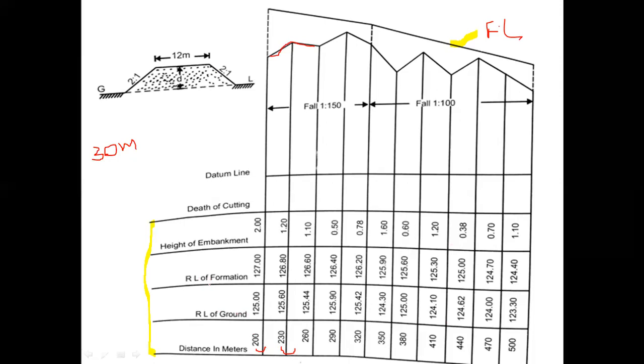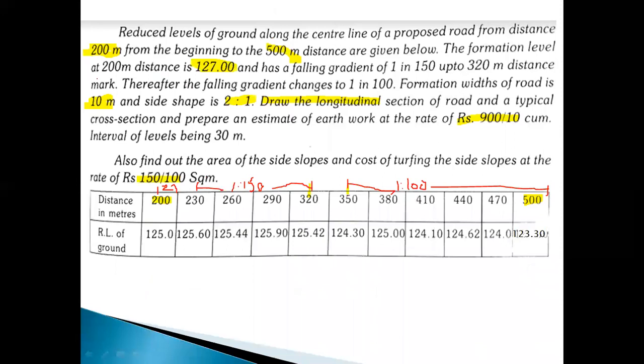Next one, RL of formation. These values we find out from the gradients. At 200 chainage, the RL of formation is 127. This is given data, the formation level at 200 meters.